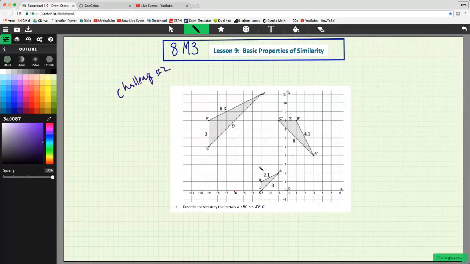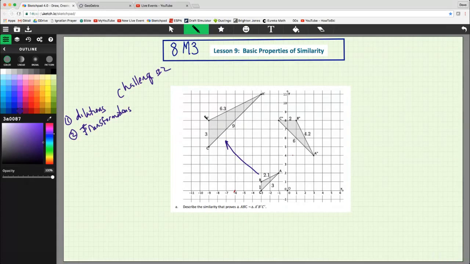And the idea was to take this first object, and we're going to try and show that it's similar to the second object through a series of dilations, or a dilation, one or more, and then two transformations to get to object 2.